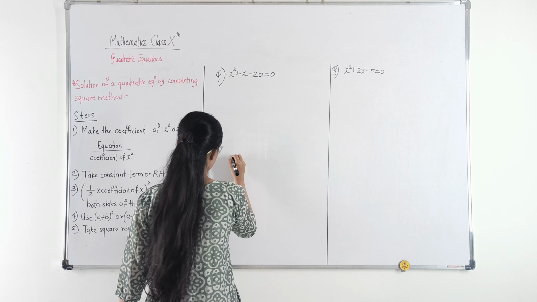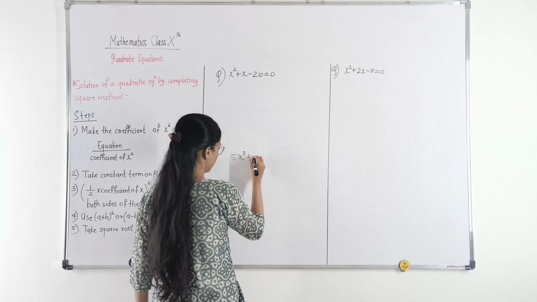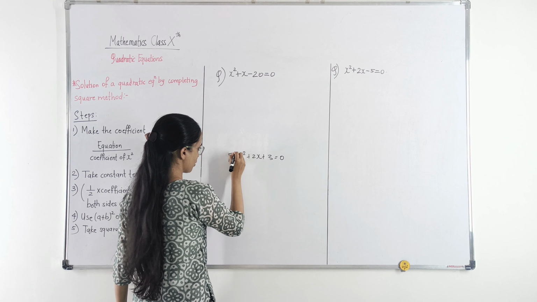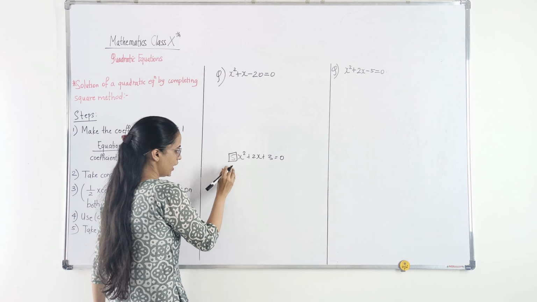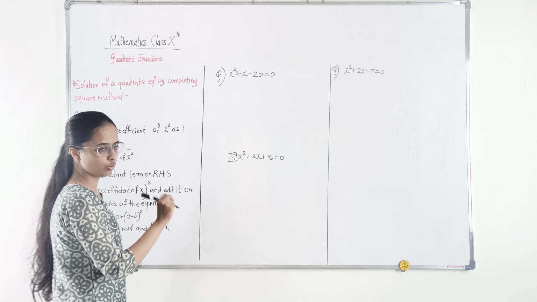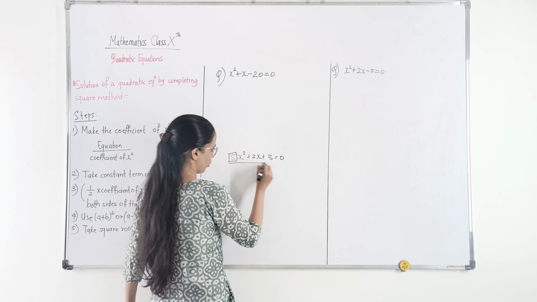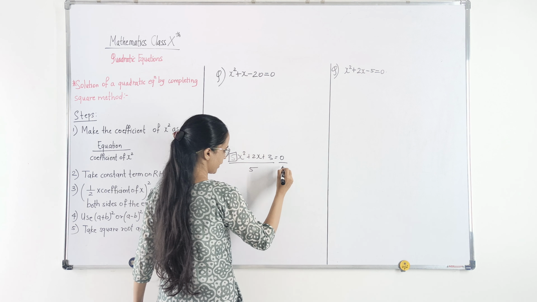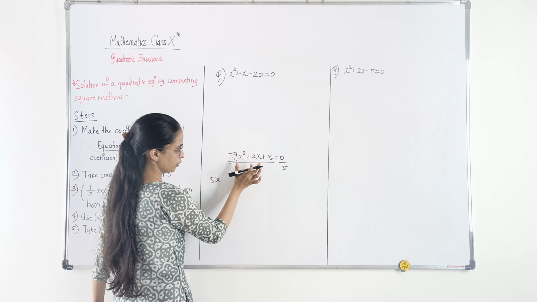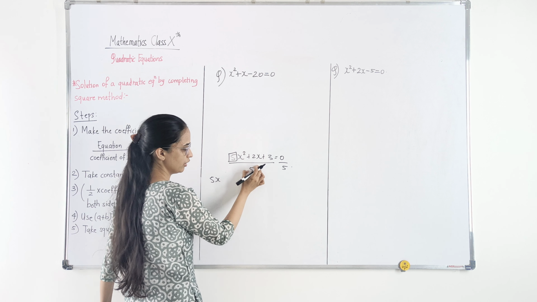Meaning, let's say you have an equation 5x square plus 2x plus 3 equals to 0. Here if you see, the coefficient of x square is not 1, and that is why you're supposed to divide the equation with the coefficient of x square. Meaning what you would do is, you would divide the entire equation with 5. Now, we all know that this is an addition and you have a single denominator.